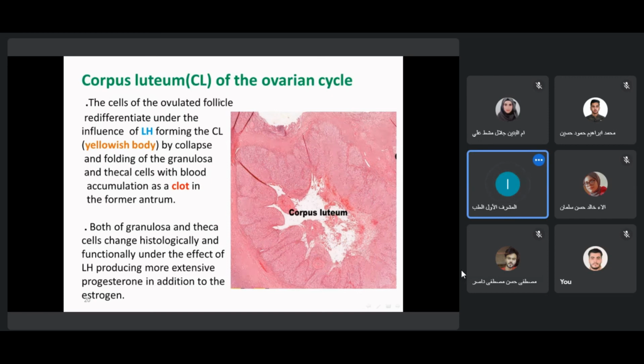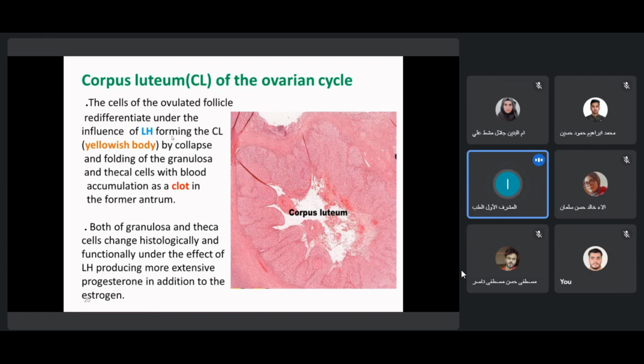The remaining follicular cells in the wall will redifferentiate under the influence of LH hormone. The two hormones released from the pituitary that act on the ovary are FSH and LH. The FSH hormone is predominant during the first part of the cycle, the first 14 days.